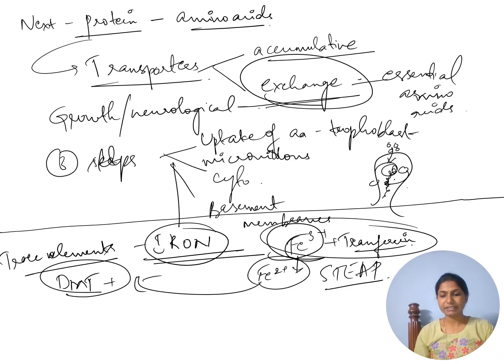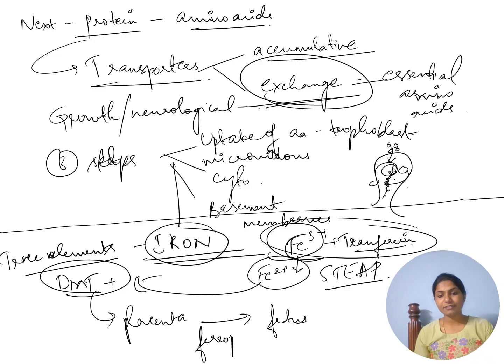The iron is transported intracellularly, then goes into the placental stroma, and from the placental stroma it enters the fetus through ferroportin. This ferroportin transporter transports the iron in the ferrous form into the fetus.